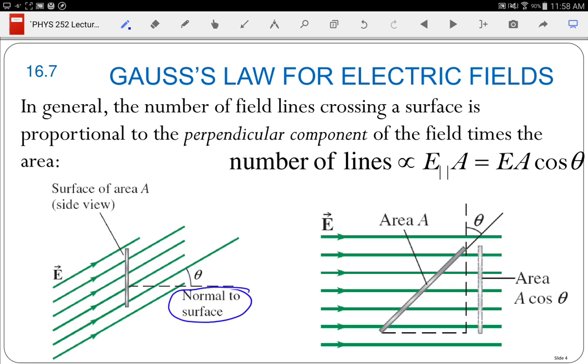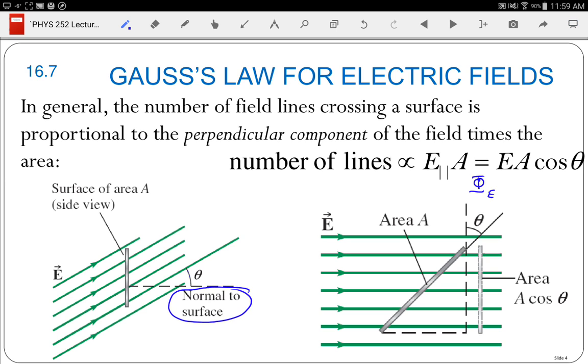Which part, sine or cosine, gives me the part that is going through? Cosine. And so we say, if I have a constant electric field, that the flux, and we use a capital phi subscript E to say electric flux, because later on we're going to have magnetic flux.